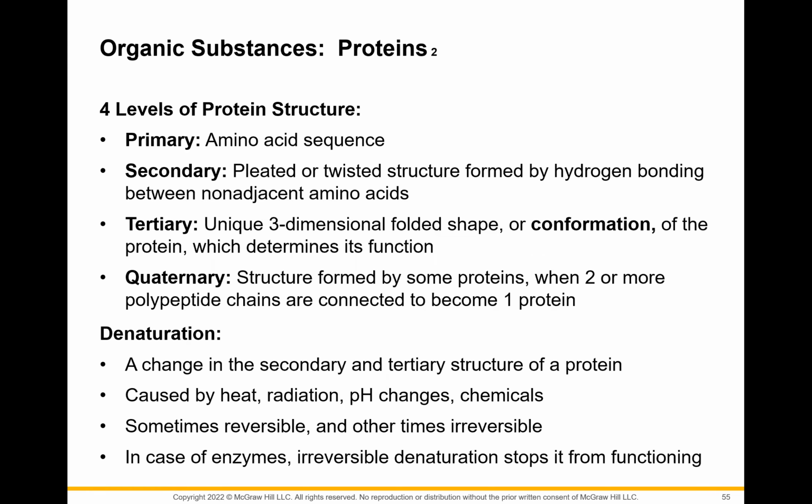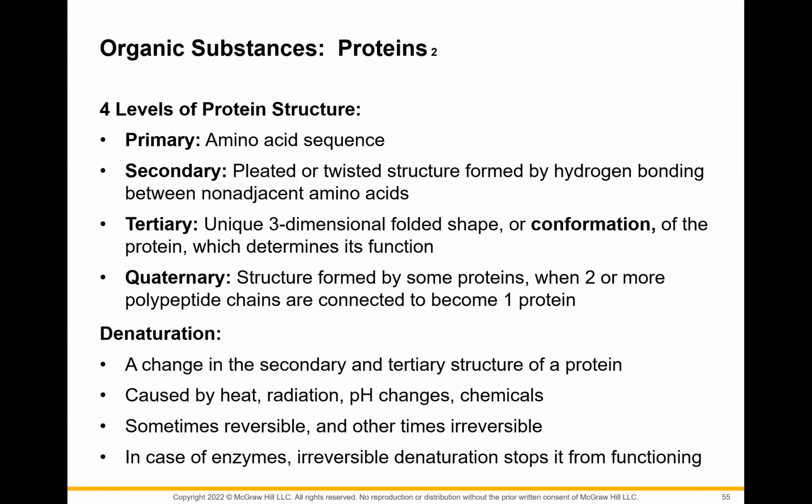Then we end up with a secondary structure, which is going to show how they're pleated and twisted due to hydrogen bonding. If you guys remember, you have to know what hydrogen bonding is. It's due to those polar covalent bonds that it allows for this additional weak force to take place. And that's what happens in this protein structure.